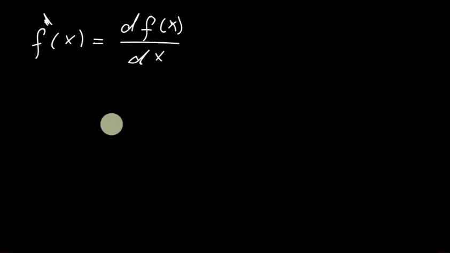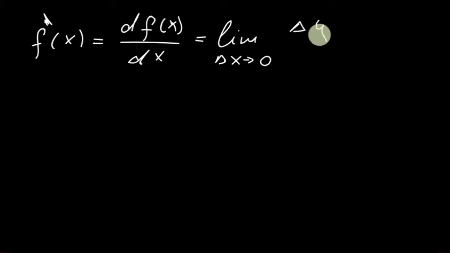That's a sign that it's a derivative. So they say let's take a limit as delta x approaches 0. Don't worry if you don't know what a limit is. It's basically a mathematical way of saying that something approaches some number. In our case, delta x approaches 0, of delta y divided by delta x.